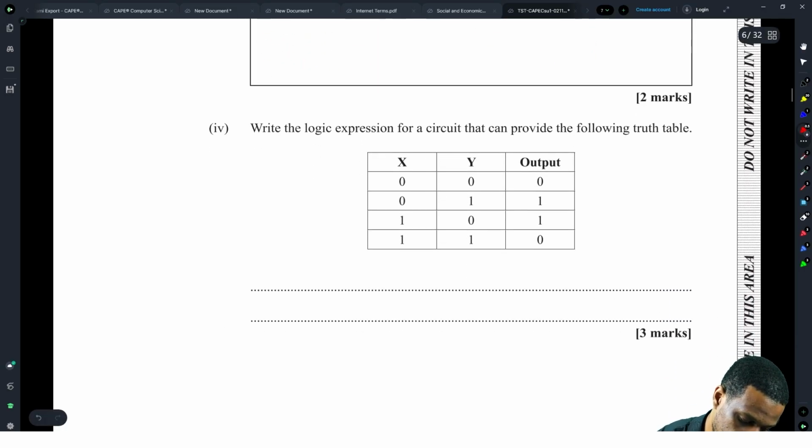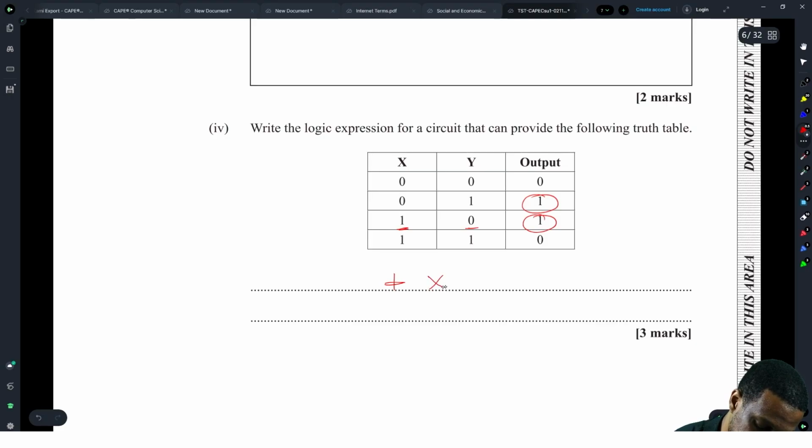Okay. Write the logic expression for a circuit that can provide the following truth table. Alright, so we have to do the sum of products, right? So sum of products means anything that gives you a 1, you want to OR that, add them together. So we have addition definitely between 2 things, and we have a normal X and a NOT Y giving you a 1.